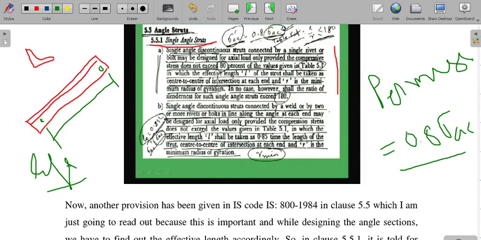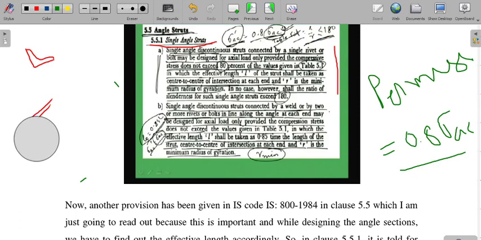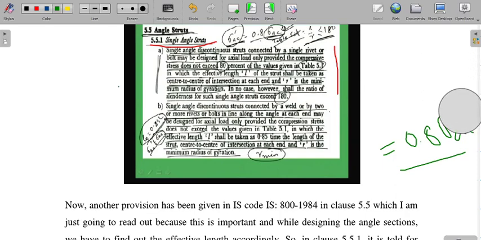That will give you the permissible stress for a single angle strut connected by a single rivet or bolt. Next, come to the second category: again a single angle strut but connected by 2 bolts or rivets or by weld.